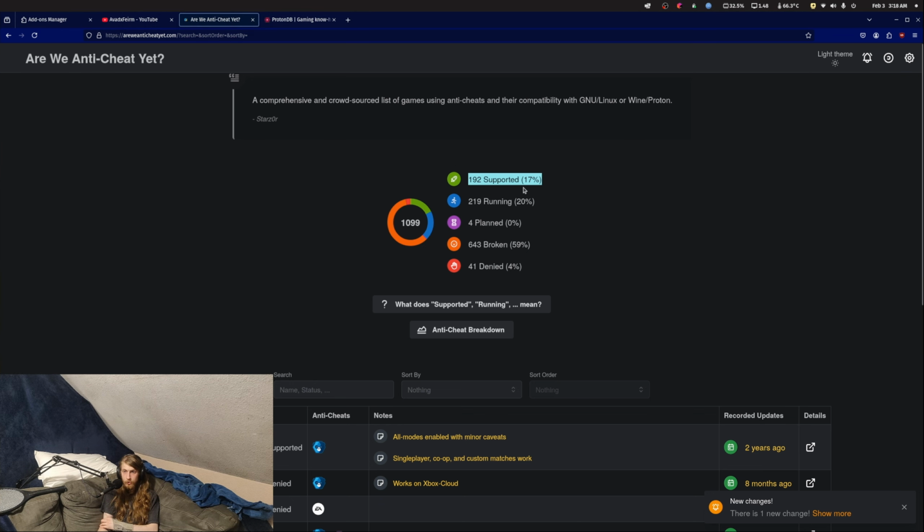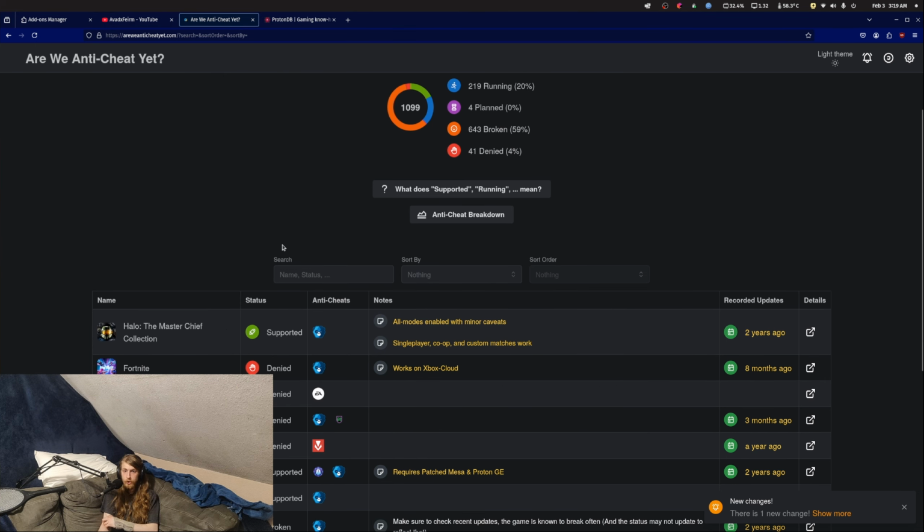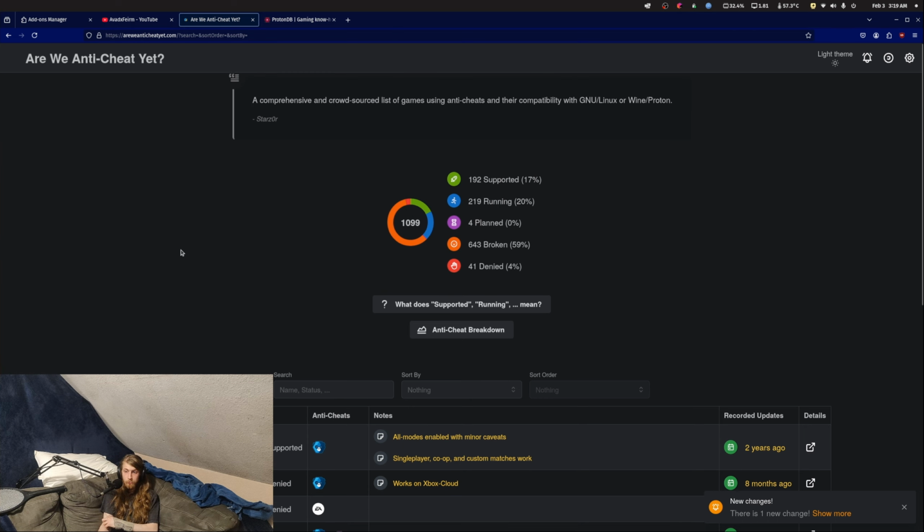So we have about, as you can see here, 37% of games that make use of kernel level anti-cheat work on Linux or in a Wine compatibility layer, but there is a quite substantial 63% that are either broken, or in some cases the games or their publishers have outright denied supporting Linux as a platform. And these include heavy hitters such as Fortnite, Battlefield 2042, Apex Legends, and Valorant, and many, many others.